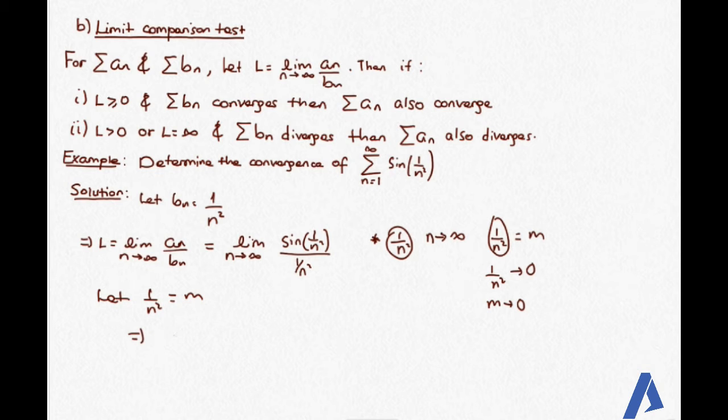This implies that L is equal to the limit of sine of m over m as m approaches to 0 ምክንያቱም as n approaches to infinity ማለት m approaches to 0 ነው ብለናል እዚህ ጋር። ስለዚህ ደግሞ ይሄ እንደምናውቀው it's 1. This is definitely greater than 0.